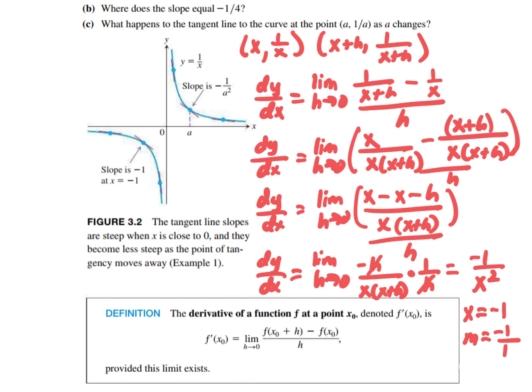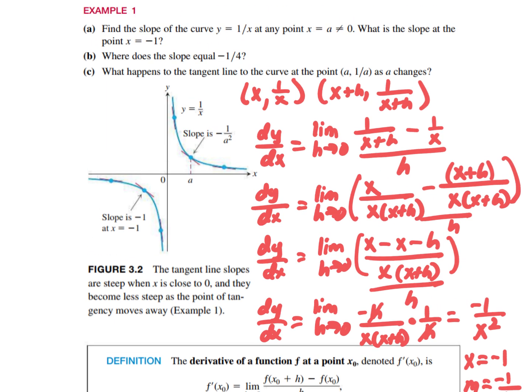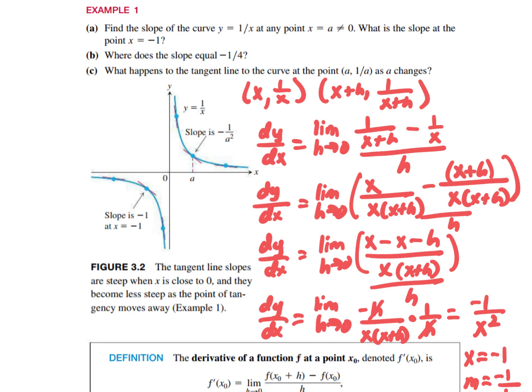The second thing that the problem asks for is where does the slope equal negative 1/4? You'll notice in the notes. And so in order to figure out where the slope equals negative 1/4, I would want to take my derivative formula I just found, which my derivative formula was negative 1 over x squared. And that's the slope at any point in the curve.